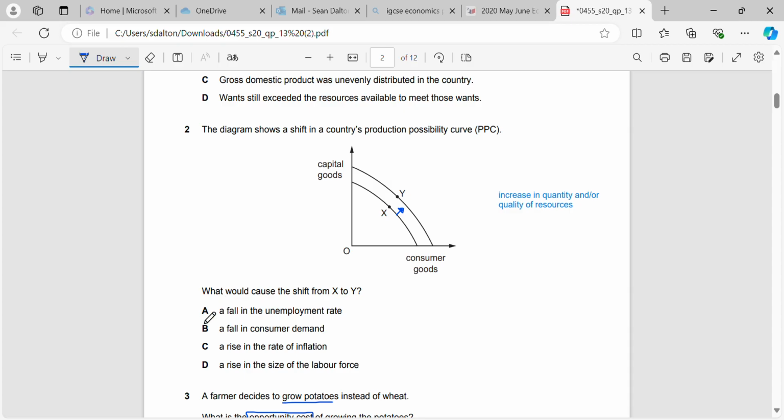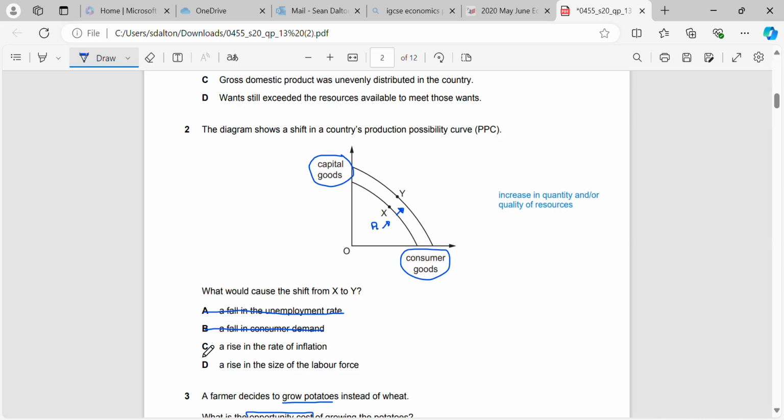A fall in the unemployment rate does not increase the quantity and or quality, it just means we use our resources more efficiently. So in that case we would move from inside the curve to on the curve. Right, but that hasn't happened, we've had a shift. Fall in consumer demand, that's not represented by a PPC. PPC just shows the maximum output of two goods and services in an economy.